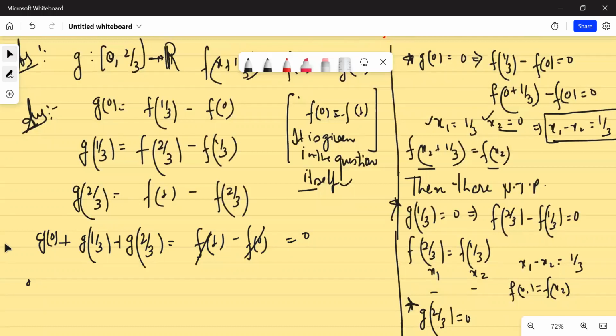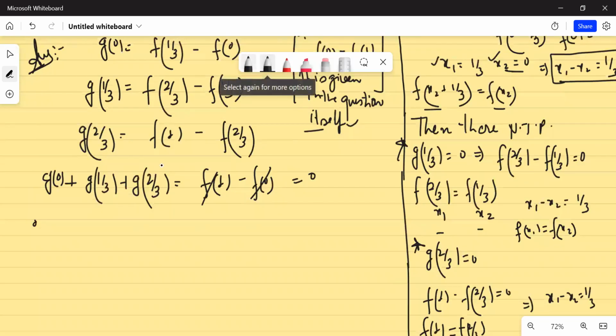Is that clear? Yes. Now, one of the questions is that if all of them are positive, can it be possible that it is equal to 0? No. If all of them are negative, can it be possible that it is equal to 0? No.